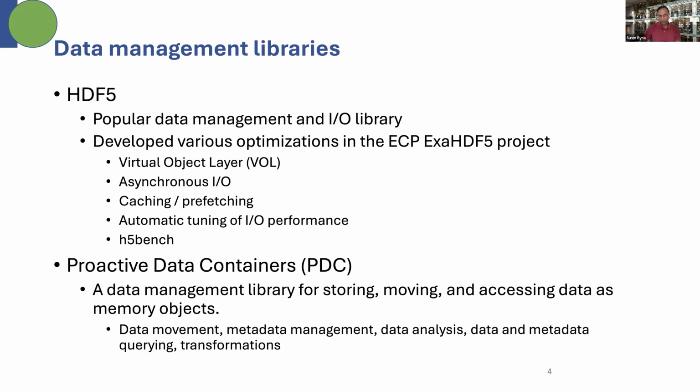In that process, we developed a new feature called the virtual object layer, which allows intercepting the HDF5 API, and then internally you can route the calls to alternative implementations of storing the data, accessing the data, or doing performance analysis and all those things. That is what the architecture of the virtual object layer helps with.